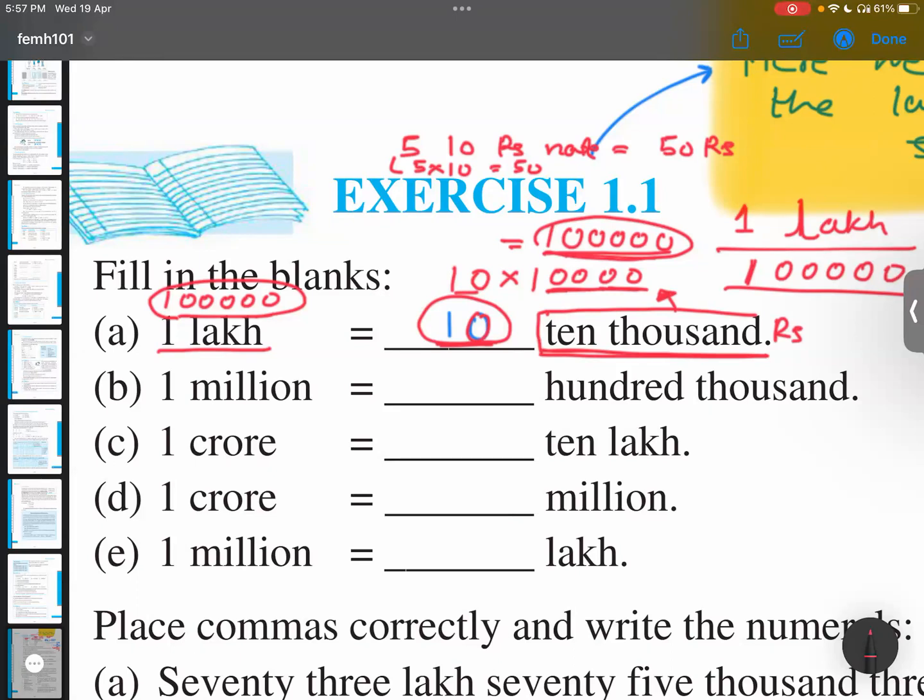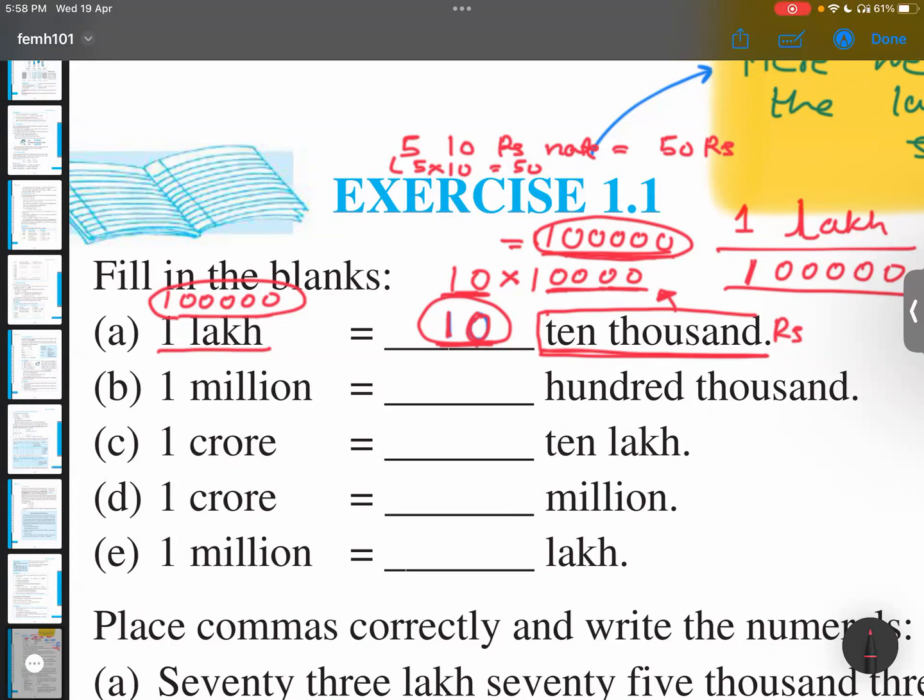How does 10,000 have five zeros now? It should have only four zeros, right? No, we have multiplied 10 into 10,000. I'm saying 10 multiplied by 10,000 will give you 1 with 5 zeros. 10,000 is having four zeros, that is obvious.